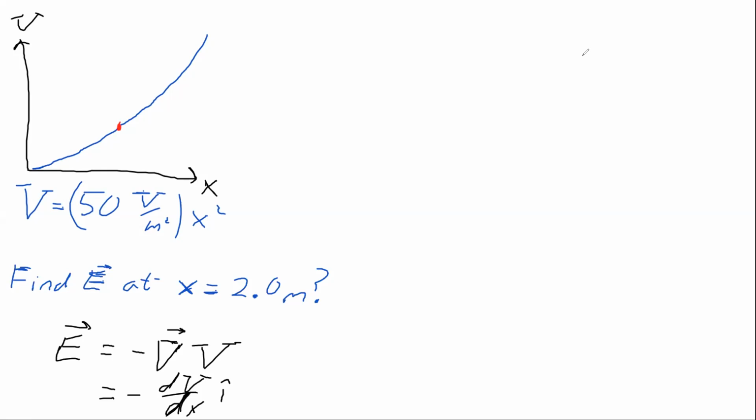At that point we have a positive slope, which means our electric field is going to be going in the negative direction. I'm just applying this equation to our slope. dV over dx tells you the slope. If it gives a positive slope, then your electric field will be going in the negative x direction.